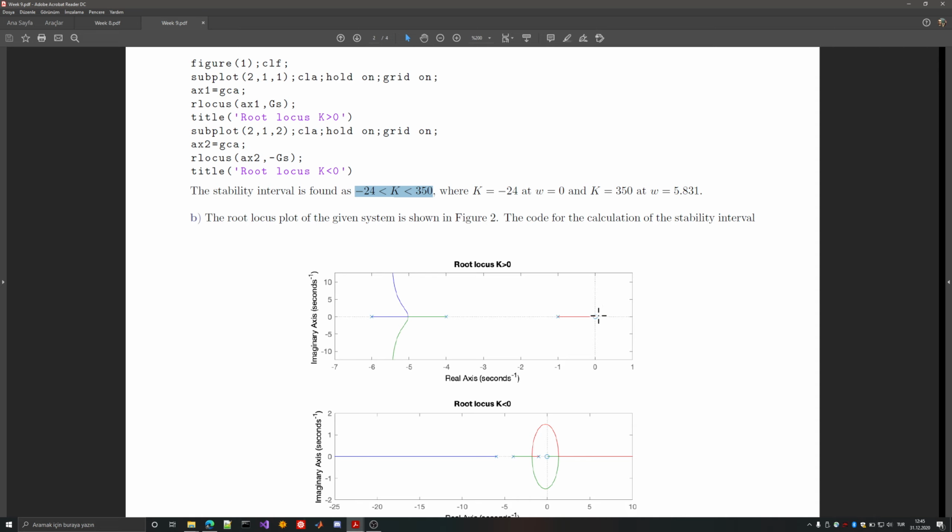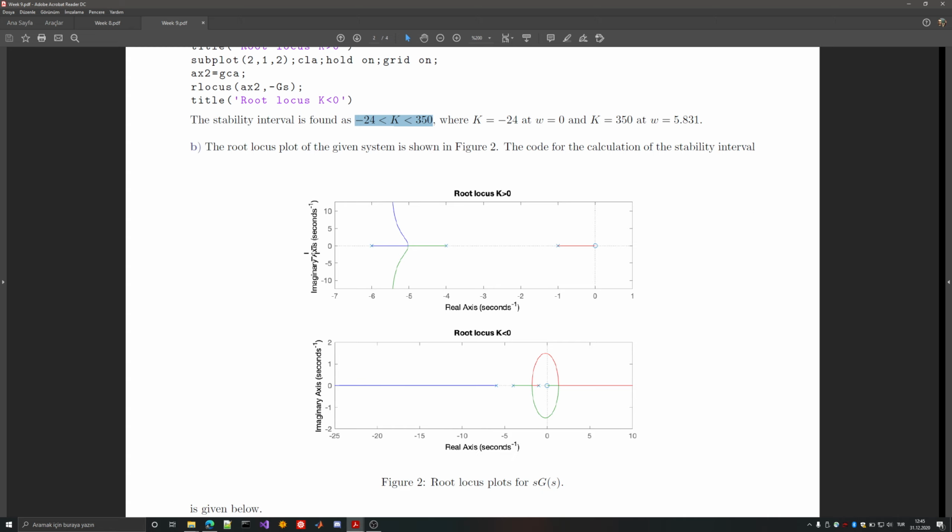So this approaches this one, and then we have these meeting each other, and then tending to positive 90 degrees and negative 90 degrees asymptotes. And then the negative root locus becomes like this here. We can also see that there's a crossing here.